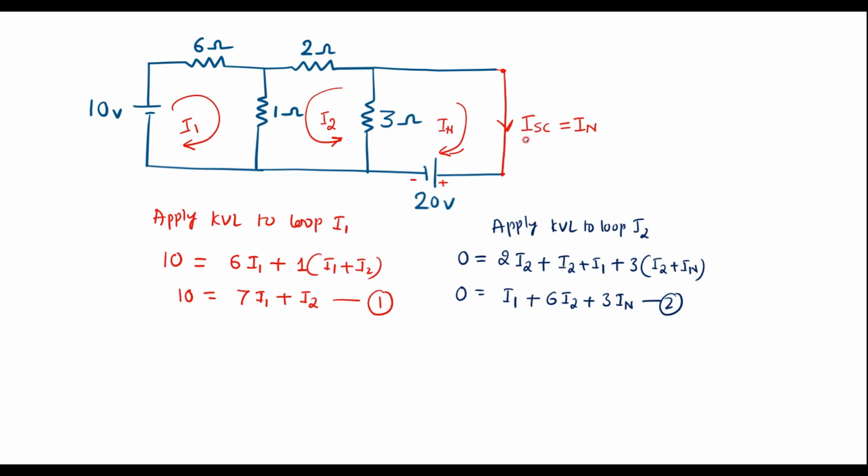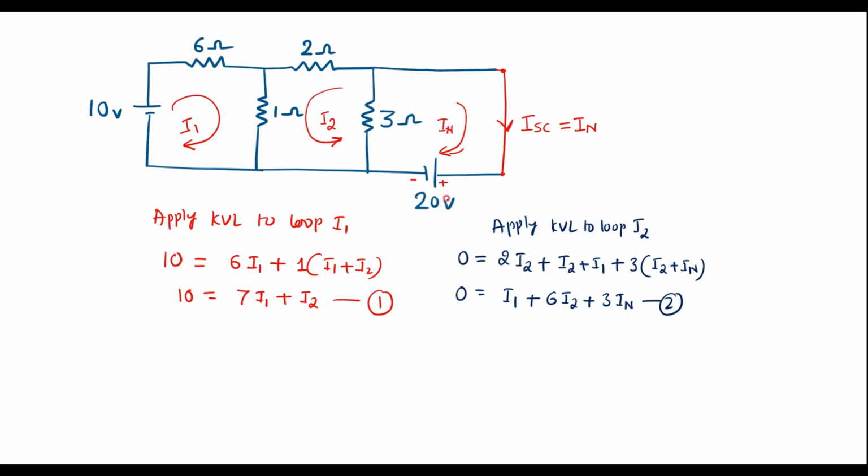Now let me apply KVL to loop IN. Here we have a voltage source, but I have taken current direction opposite. So let me start from the voltage source.